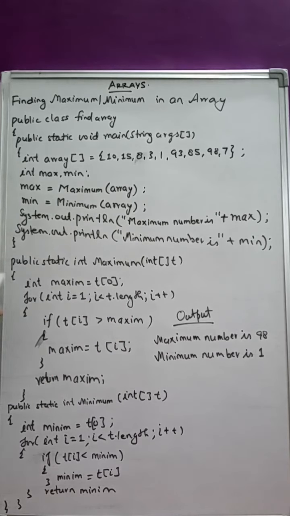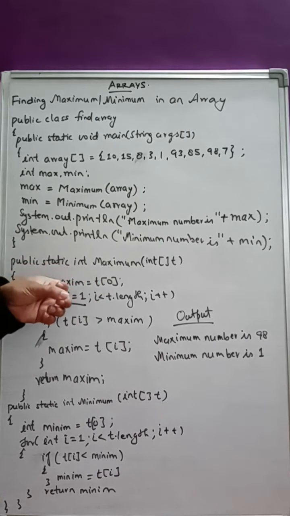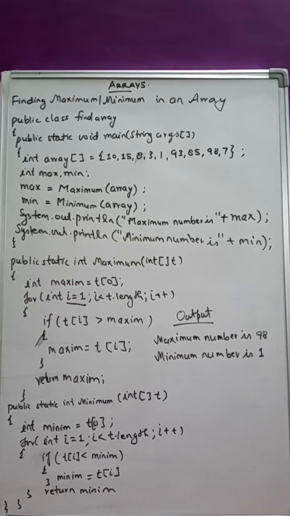Okay. Now after this we are searching the array, and the indexing of an array starts with 0, but over here it is started with i equal to 1. This is only because we have already taken the 0th index in the maxim value. So we will compare the value maxim with the first index element of the array.